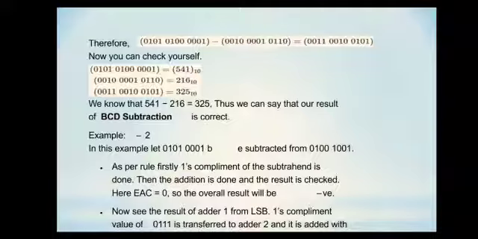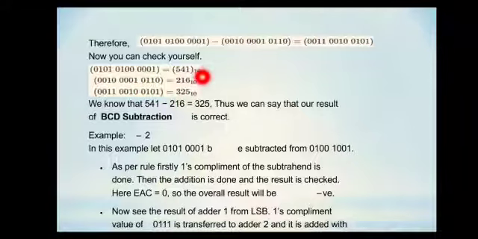So 5 binary equivalent value is 0101, and 4 binary equivalent is 0100, and 1 binary equivalent is 0001, and 2 binary equivalent is 0010, and 1 binary equivalent value is 0001, and 6 binary equivalent value is 0110.